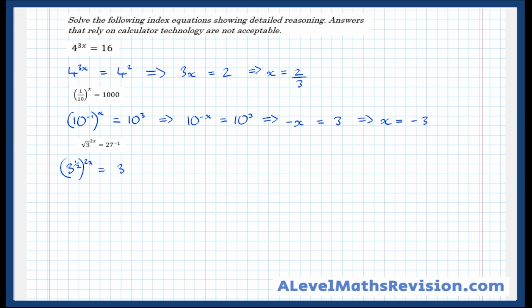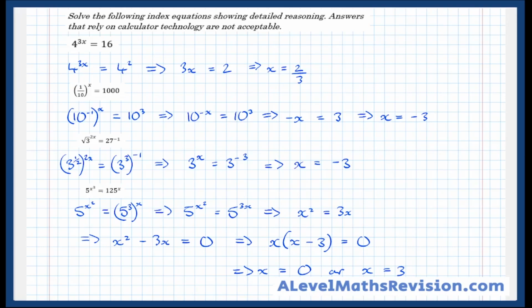And the right hand side would be 3 cubed, 27 to the minus 1. So simplifying those, we multiply the powers together. A half times 2x is just x. And 3 cubed to the minus 1, multiply the powers together, we get minus 3. And giving us again, x equals minus 3.